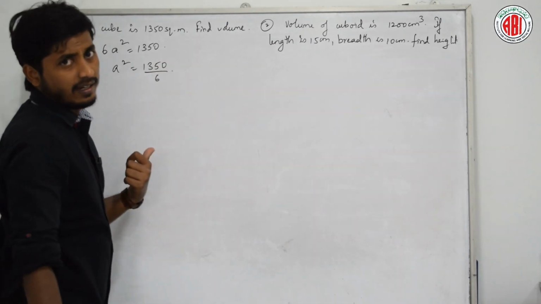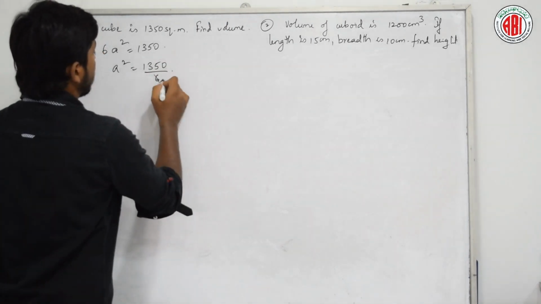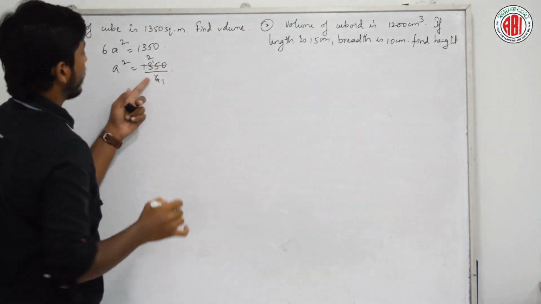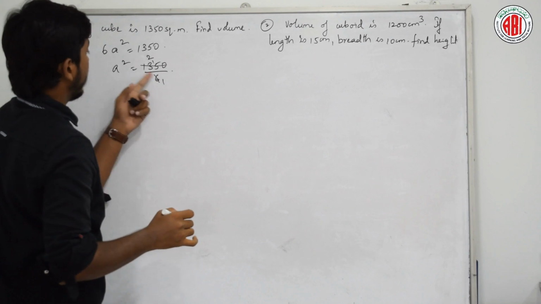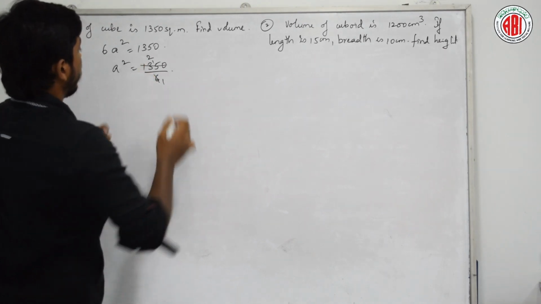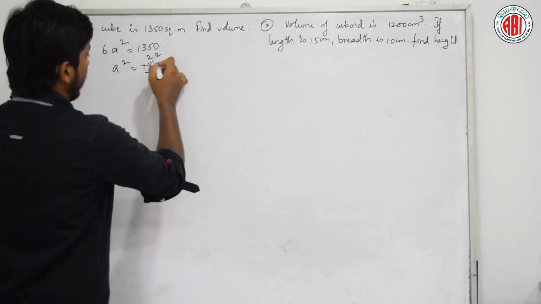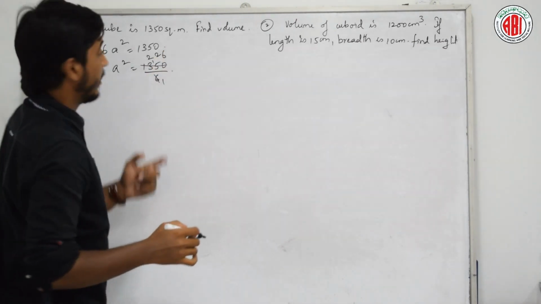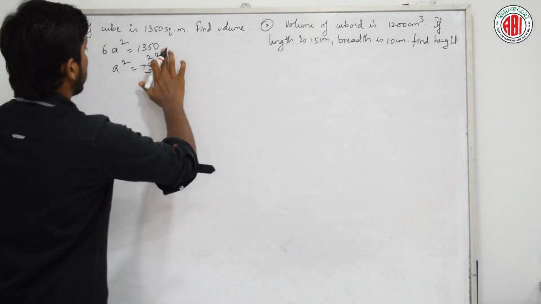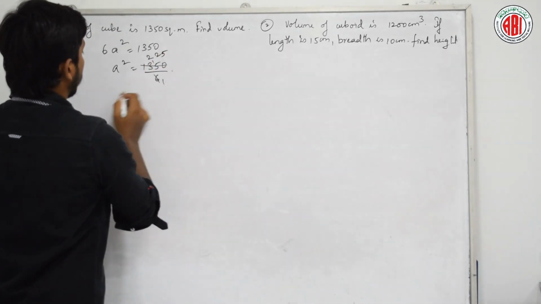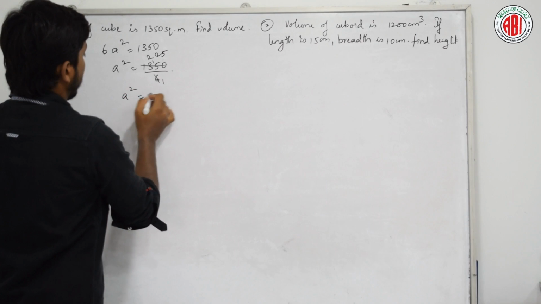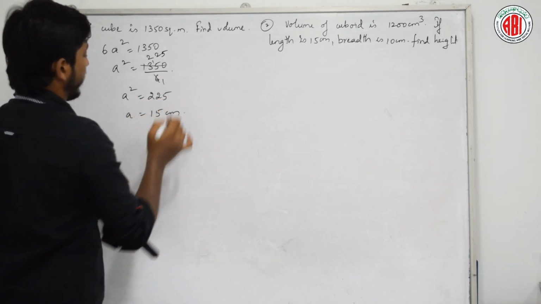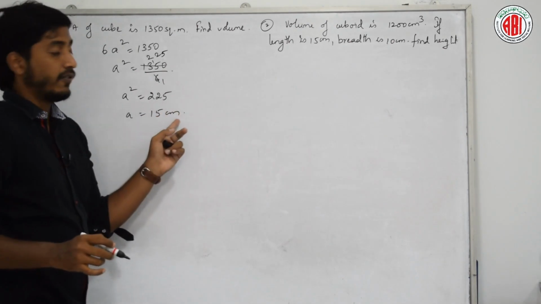Can we cancel? 6 ones are 6, 6 twos are 12, and the next 150 is left. 6 twos are 12, 6 twos are again 12, then 6 sixes are 36, 6 fives are 30. Therefore a square is 225, a is 15 centimeter. Square root of 225 is 15, right?